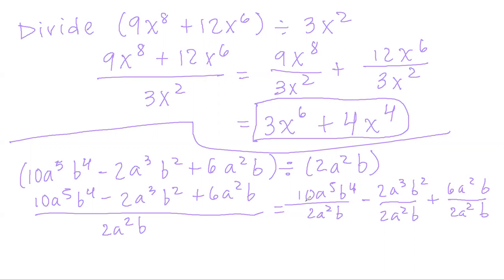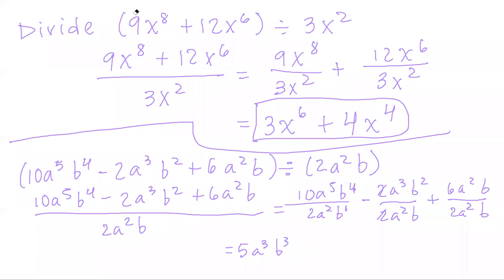Starting with the first one, 10 divided by 2 is 5. 5 minus 2, so that's a cubed. 4 minus 1, and that's b cubed. The second one, the 2's cancel. 3 minus 2 is a to the 1, or you can just say a. Oops, sorry, I made a mistake here.